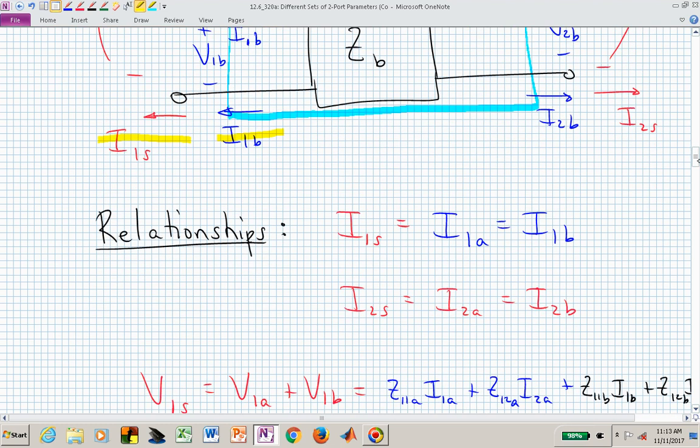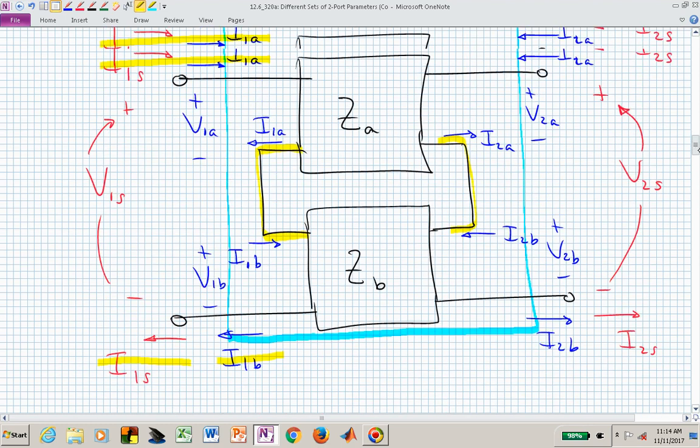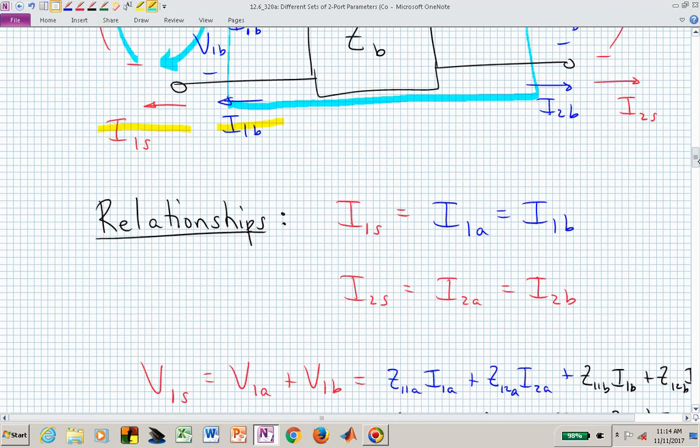And if we now wanted to know what is V sub 1s, well, if we simply look at a KVL on the port 1 side, we simply see that V sub 1s is V sub 1a plus V sub 1b.